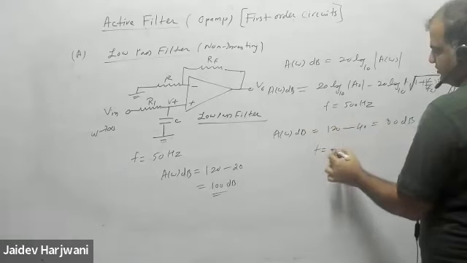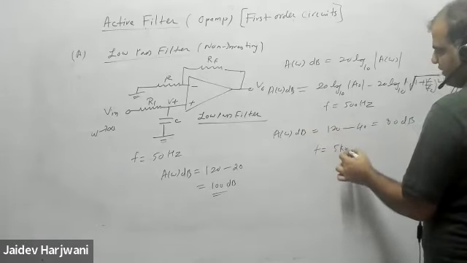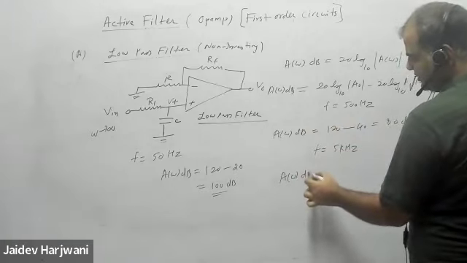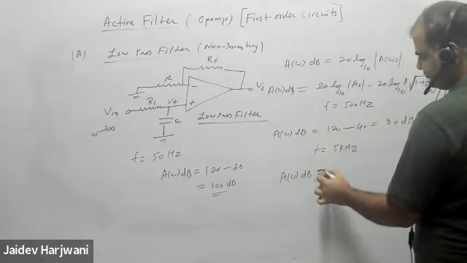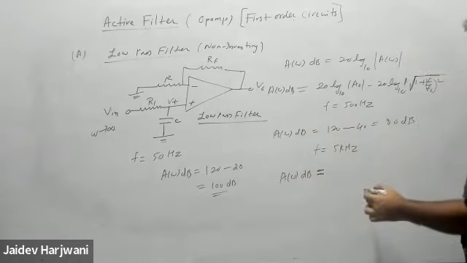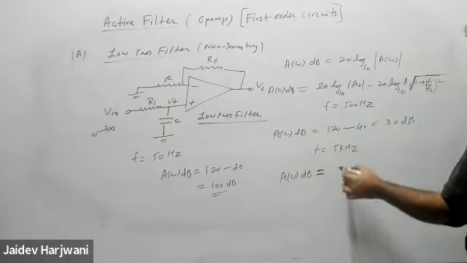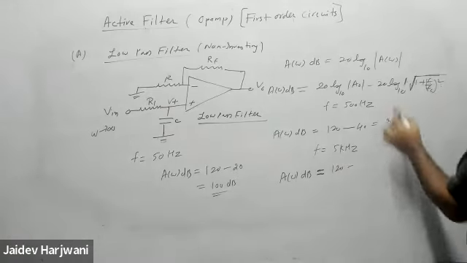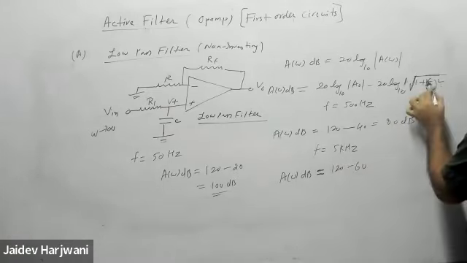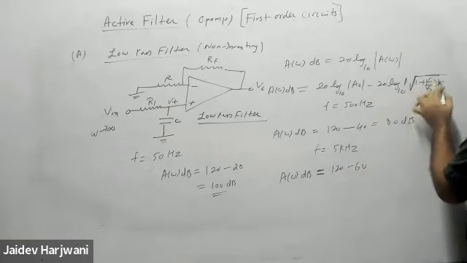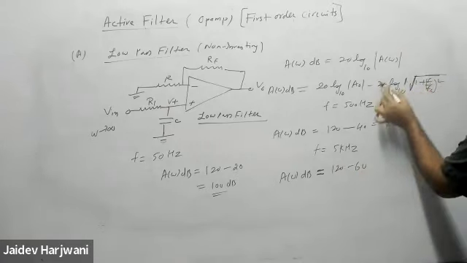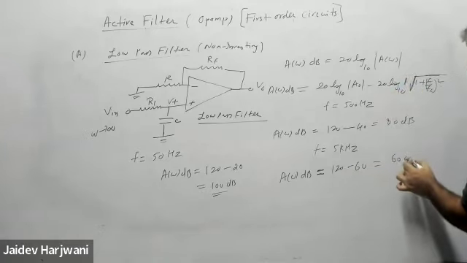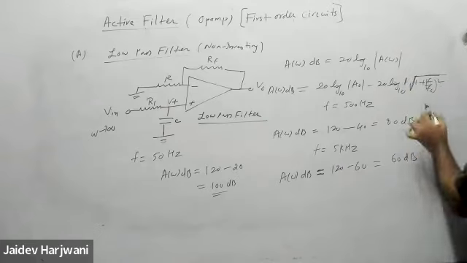If f equals 5 kilohertz, that is 5000, then my gain in dB will become 120 minus 60, because this is 1000 times fc, and 20 log of 1000 is 60. Again this becomes 60 dB. So the drop is by 20 dB.